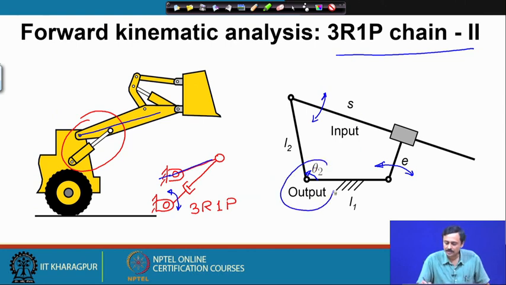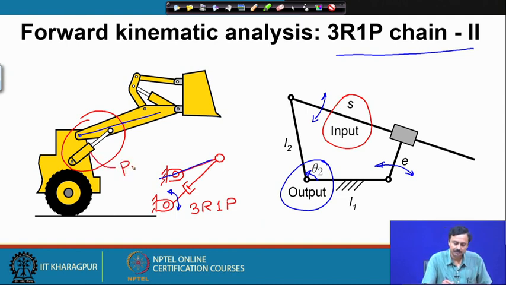So, this angle theta 2 is taken to be the output, and this throw of the prismatic pair, which is the actuator in this case, is considered to be the input. The P pair is the actuator.